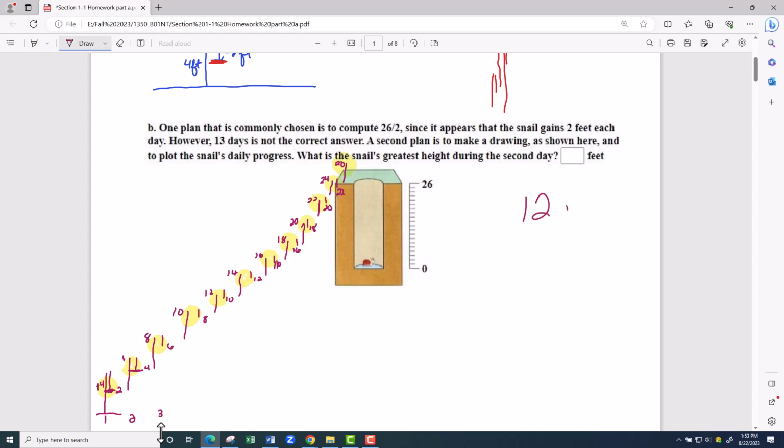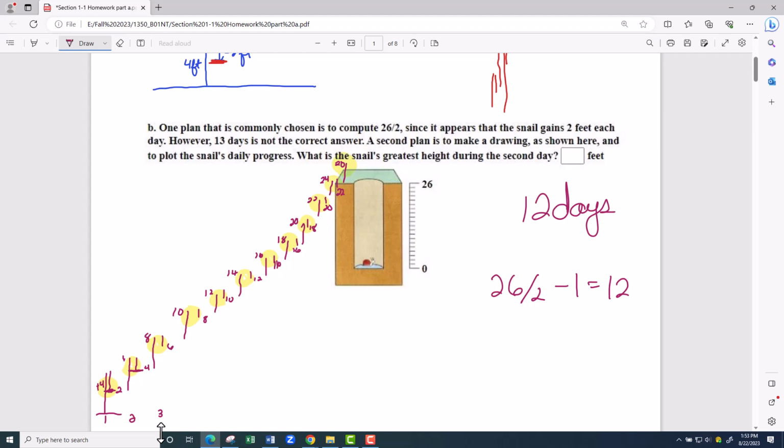So we actually have 12 days instead of 13 days. What you can think about is you can do 26 divided by 2 and get 13, but you have to remember that we didn't slide back down. So you need to subtract 1, and that will give you the 12 days.